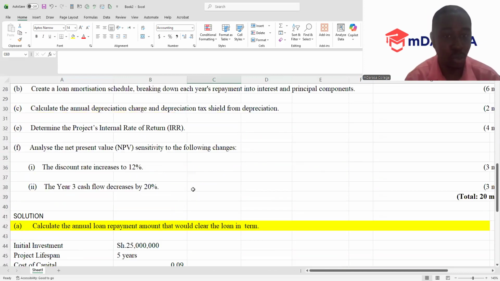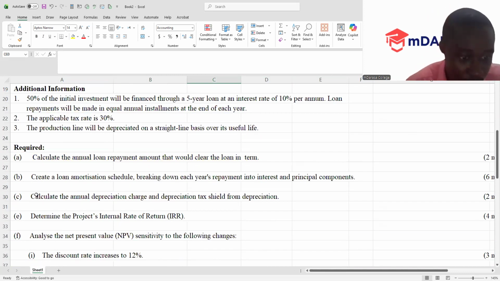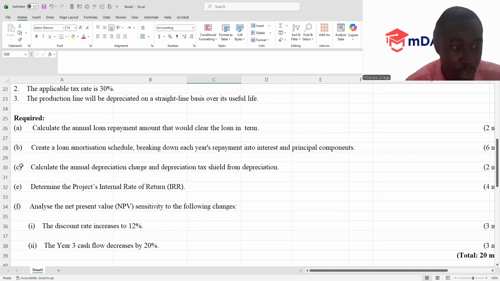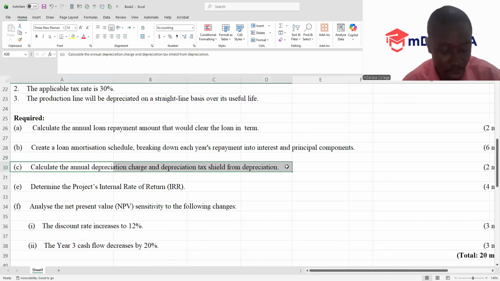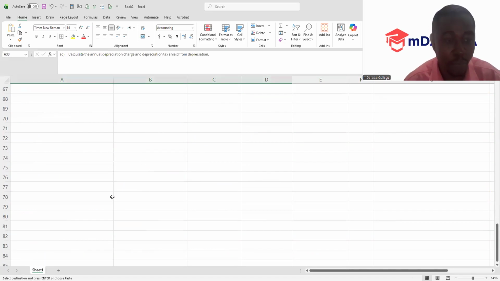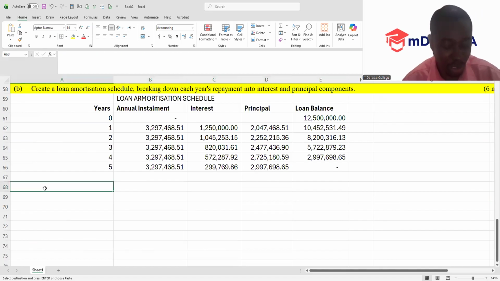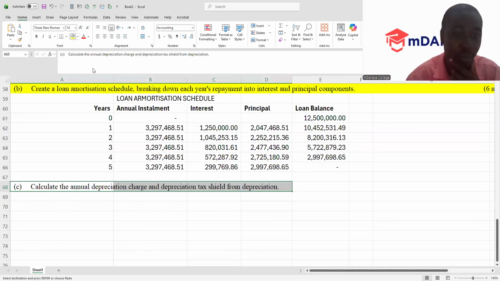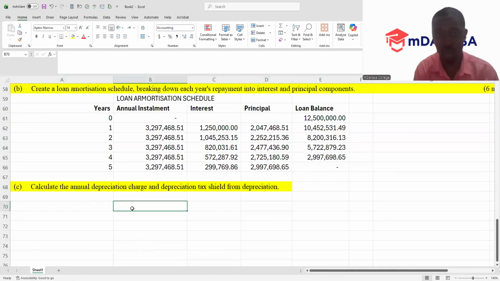The other point, what were we asked? Calculate the annual depreciation charge and the depreciation tax shield from depreciation. So part C, we come and take what you asked. You see, the presentation is very key. Your presentation matters a lot.